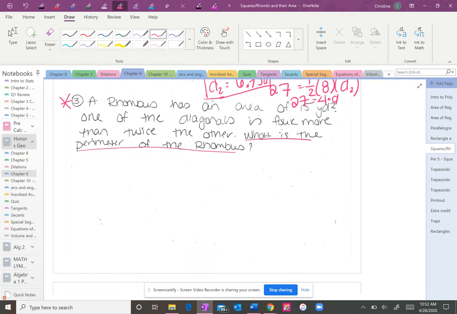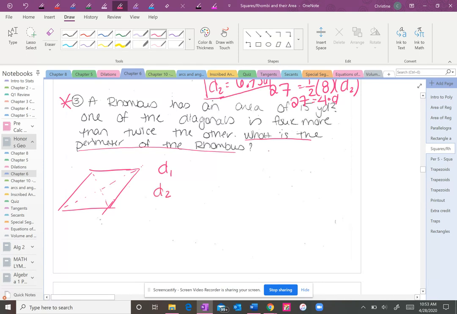A rhombus has an area of 15 yards squared. So inside here is 15 yards squared. One of the diagonals is 4 more than twice the other. So you have 2 diagonals. You have D1. You have D2.